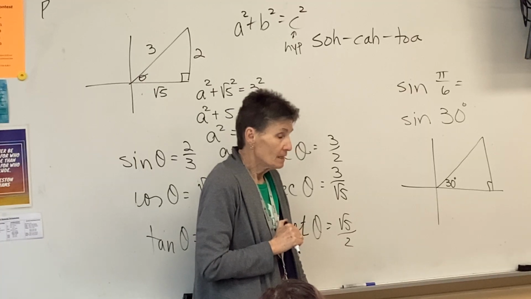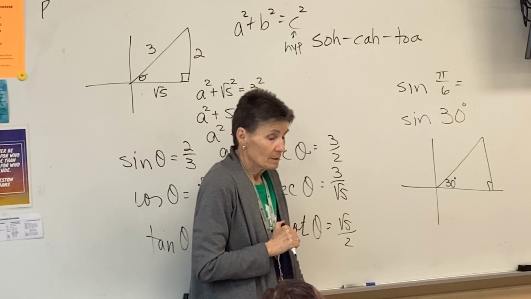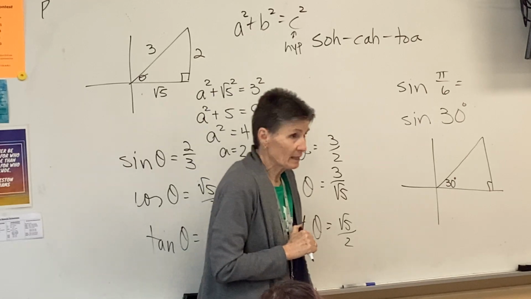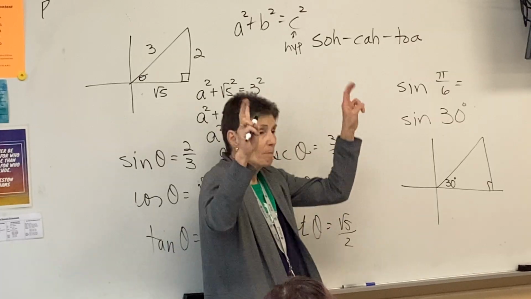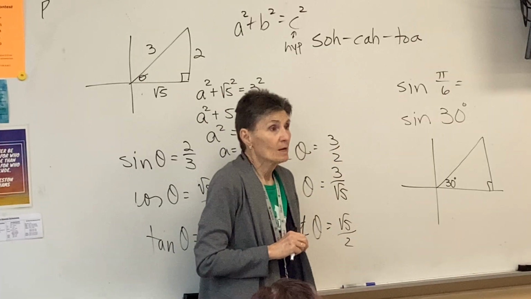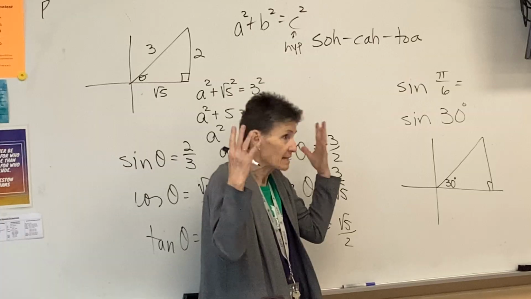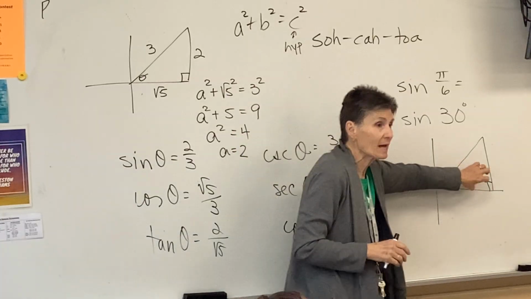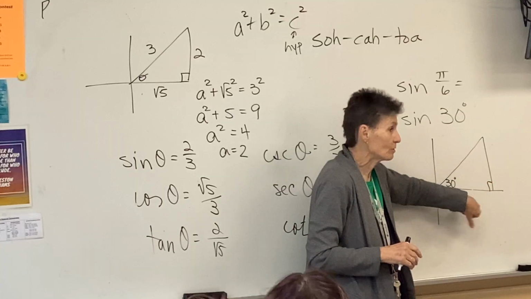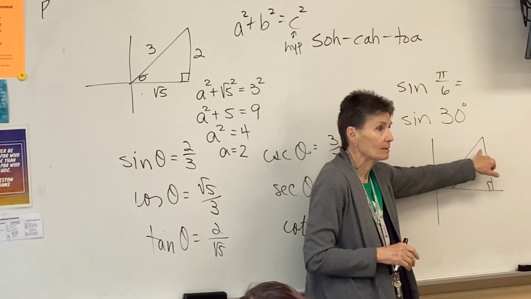Okay? Now, in geometry class years ago, you learned about what we call the special triangles. 30, 60, 90. Does that ring a bell? You may not remember anything about it. 30, 60, 90. That's what we got right here. You recognize that? We have a 30 and a 90, and there's a 60 right there.